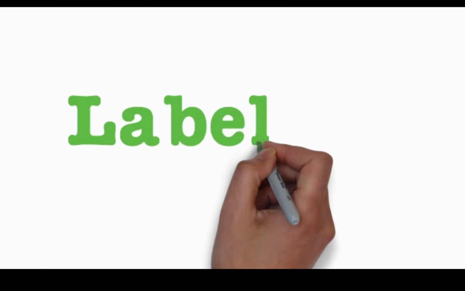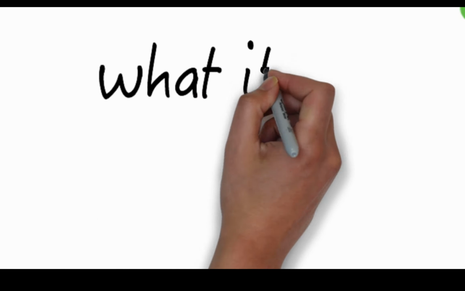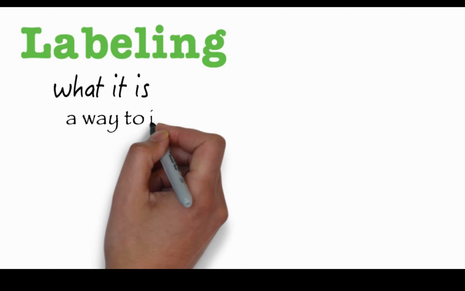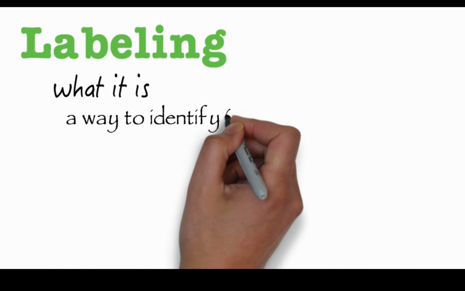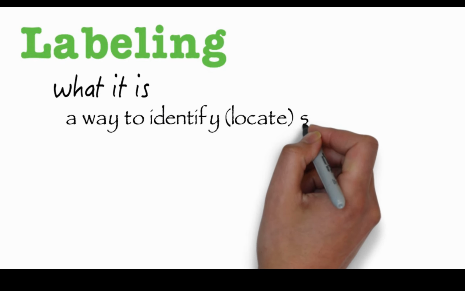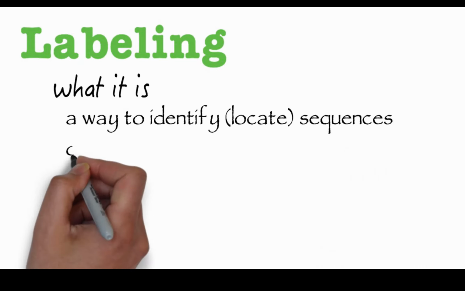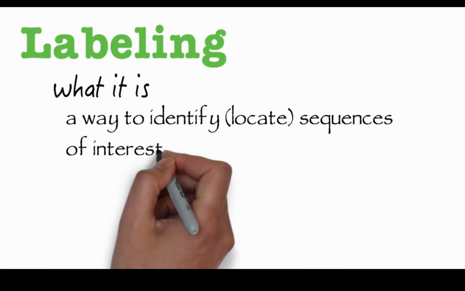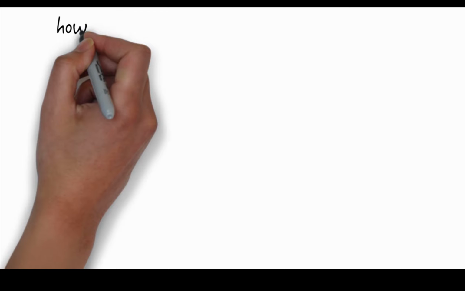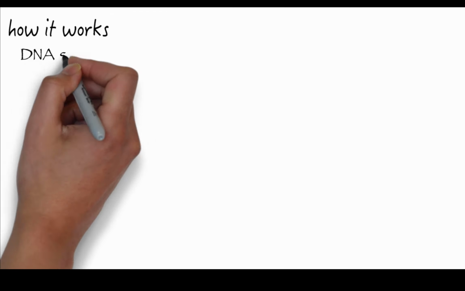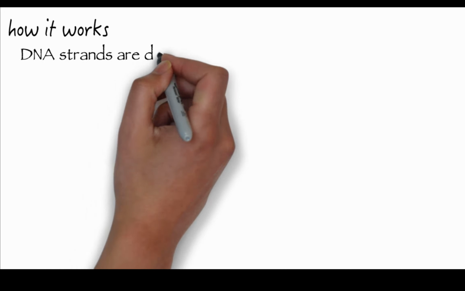The next technique we will look at is labeling. What is it? Labeling is a way to identify or locate DNA sequences of interest. Here's how it works. DNA strands are denatured or separated.